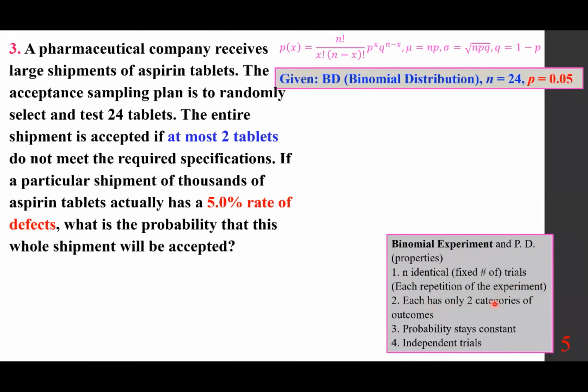Each has only 2 outcomes, 2 categories: good, bad, yes, no, defect, not defect, defective, not defective. The probability stays constant with respect to every item, and they are independent trials. That's the concept that we want to be very careful of.